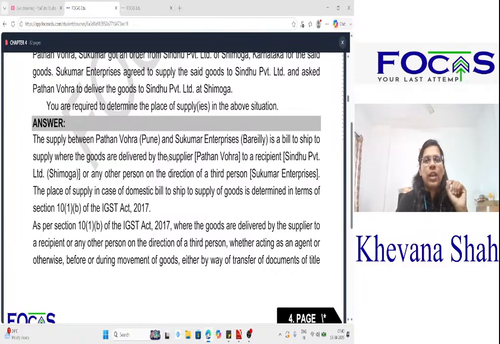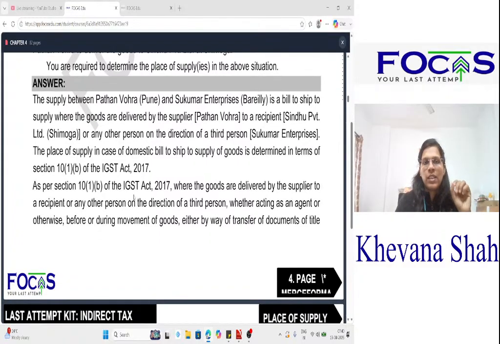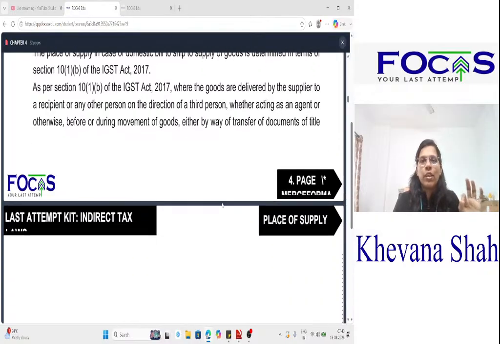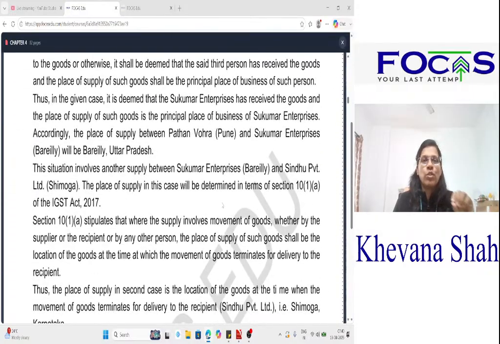So now in this case, as per section 10(1), where the goods are delivered by the supplier to a recipient or any other person on the direction of a third person, whether acting as an agent or otherwise, before or during the movement of goods, either by way of transfer of documents of title of the goods or otherwise, it shall be deemed that the said third person has received the goods, and the place of supply of such goods shall be the principal place of business of such person.